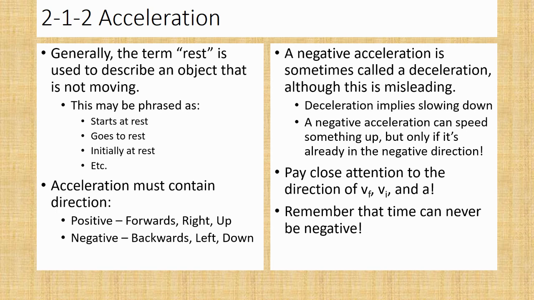But if something is already traveling in the negative direction and undergoes a negative acceleration, it will speed up because it's already going in the negative direction. So pay close attention to the directions of final velocity, initial velocity, and acceleration. That will tell you whether the object is going to speed up or slow down. And lastly, remember that time is a scalar, which means that time can never come out as negative.